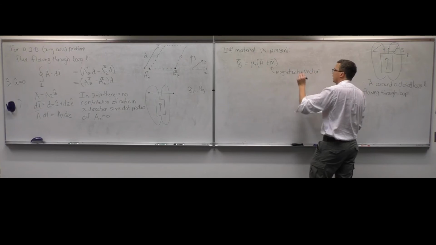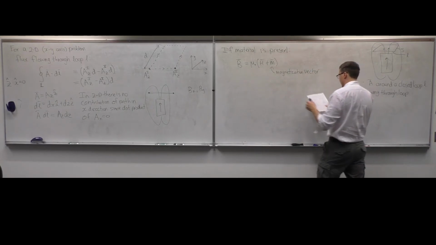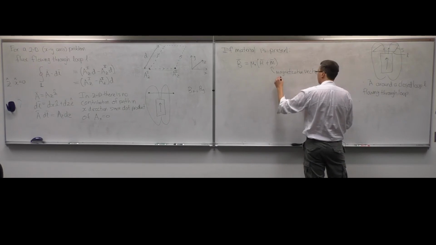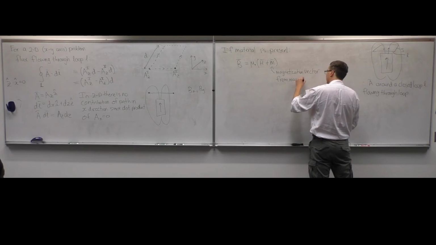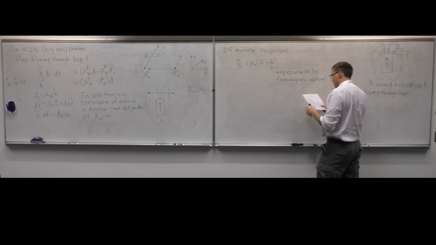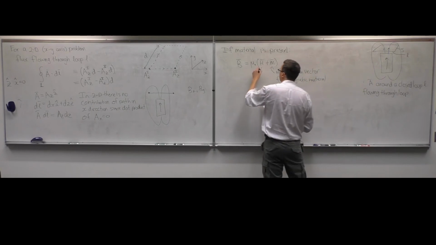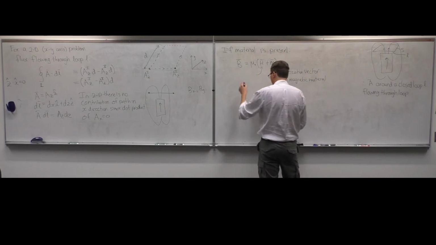This vector is a property of the material, from magnetic material, and then H at a particular point would be from some source.